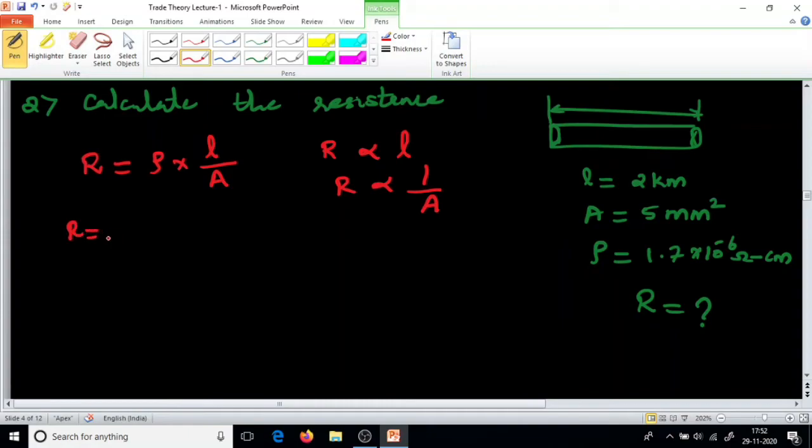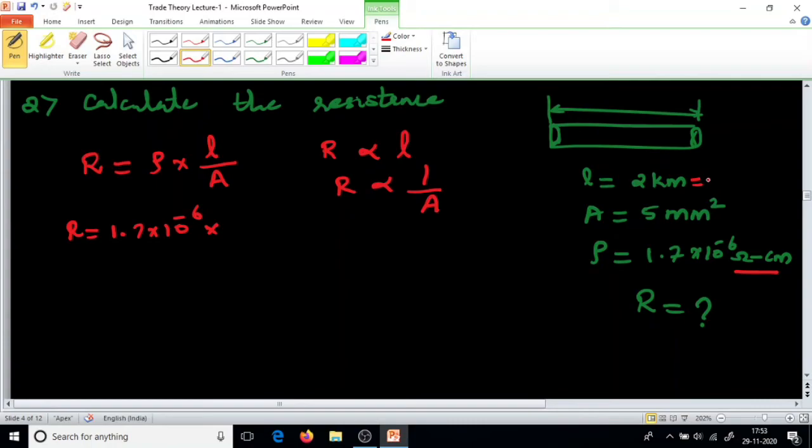R equals rho value, 1.7 multiplied by 10 to the power minus 6. What is L? L is given as 2 kilometer. Actually, we need it in centimeter because our specific resistance is in centimeter.